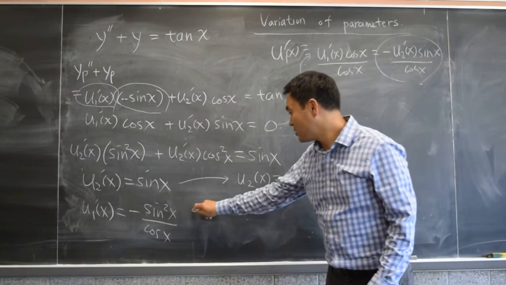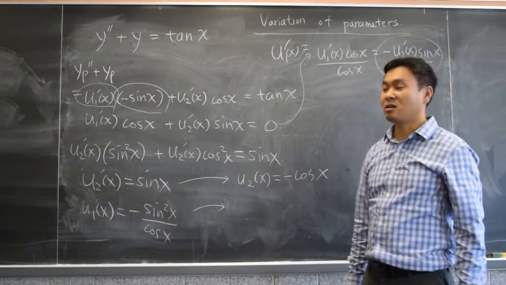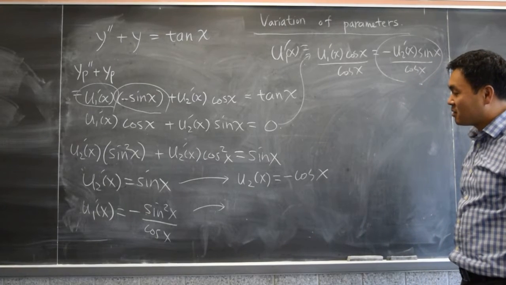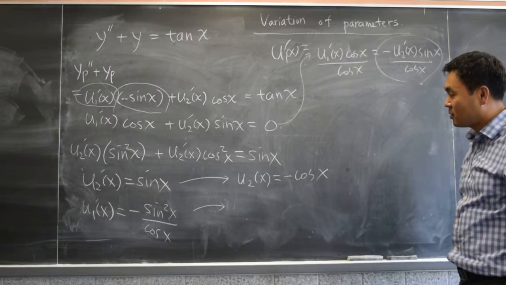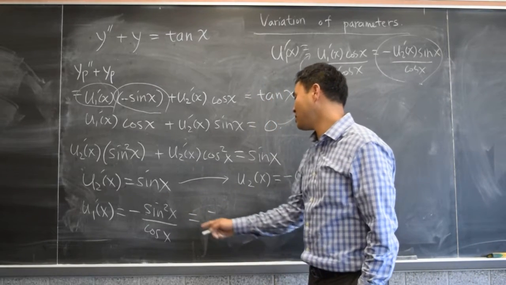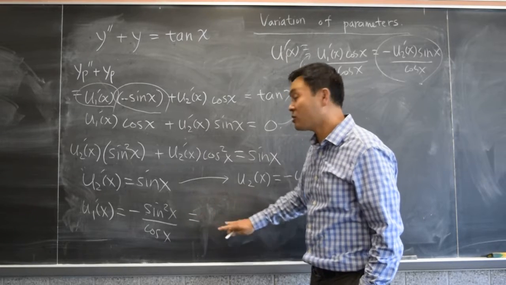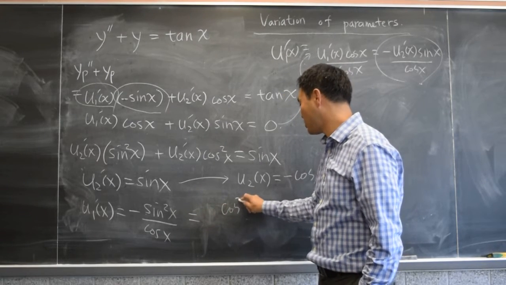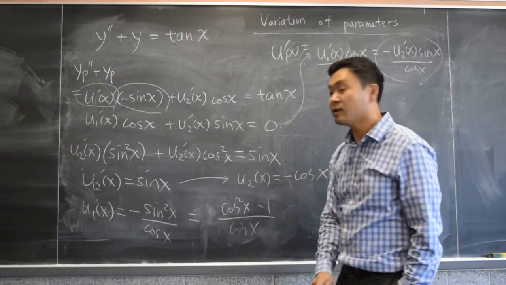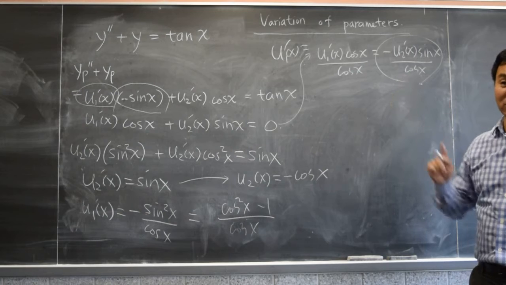What about this one? Oh, that's a little hard to integrate. Let's see. Oh, you know what? Negative sine squared is the same as cosine squared minus 1, because sine squared is 1 minus cosine squared.